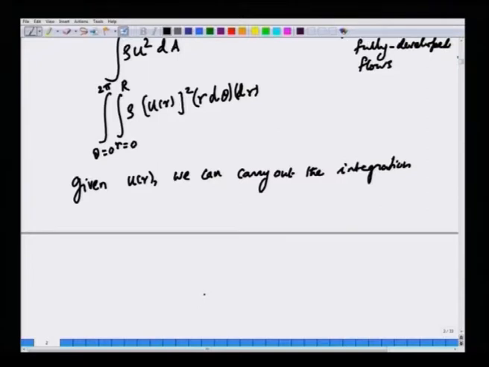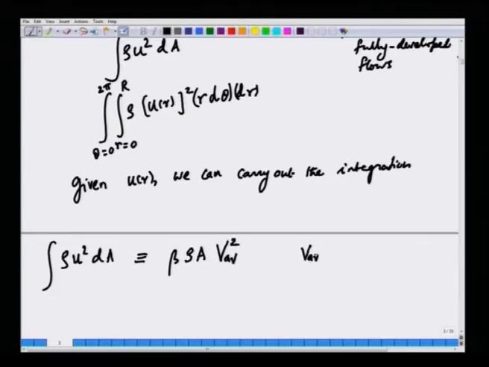Okay. Now, it will be nice, however, if we can write the integral in terms of a very simple algebraic quantity, beta rho A V average squared, where V average is the cross sectional average velocity.